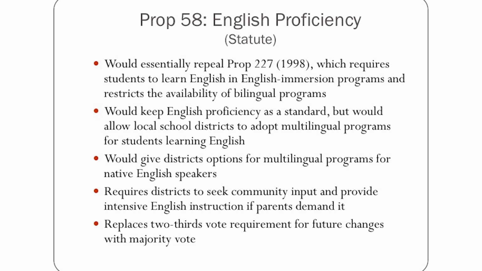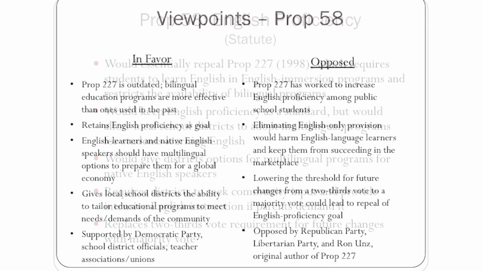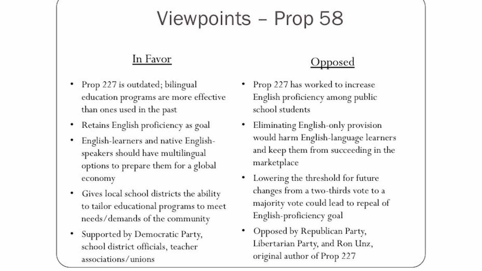In terms of the requirement for changes, under the original constitutional version in Prop 227, it required a 2/3 vote, but now if this is approved, it would revert that back to a simple majority for the legislature. So if they wanted to tinker with this going forward, they wouldn't have to have such a high threshold for support.